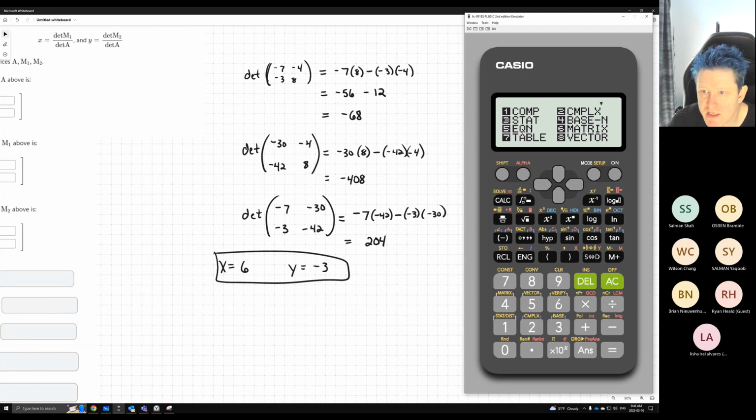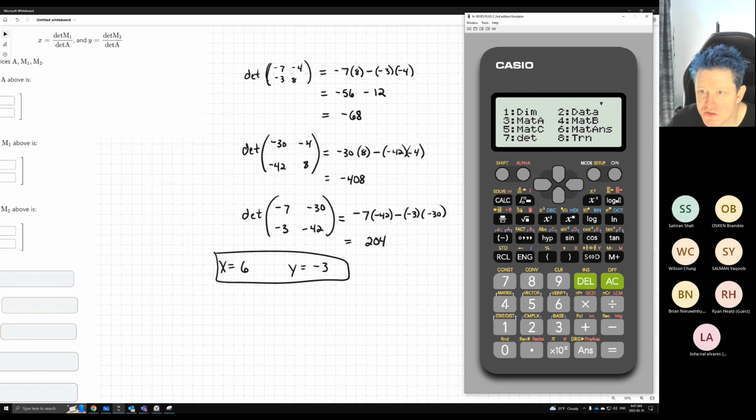If you're in the matrix mode and you're accessing your 3x3 or 2x2 matrix, once you've entered it, you have to clear and all clear. Then you press shift and matrix, and there's this item number 7 for determinant. And then you have to pull up your matrix.